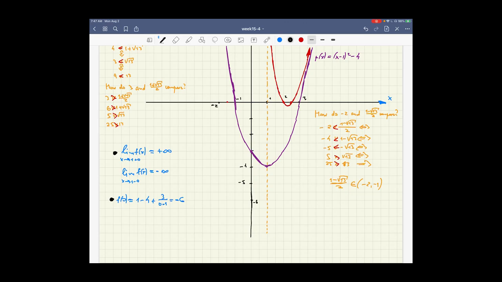Now, it starts at negative infinity here. Will pass through the point negative 6. Will pass through this 0. And then we'll approach the purple parabola again, because it's an asymptote at both positive and negative infinity. So something along the lines of this.